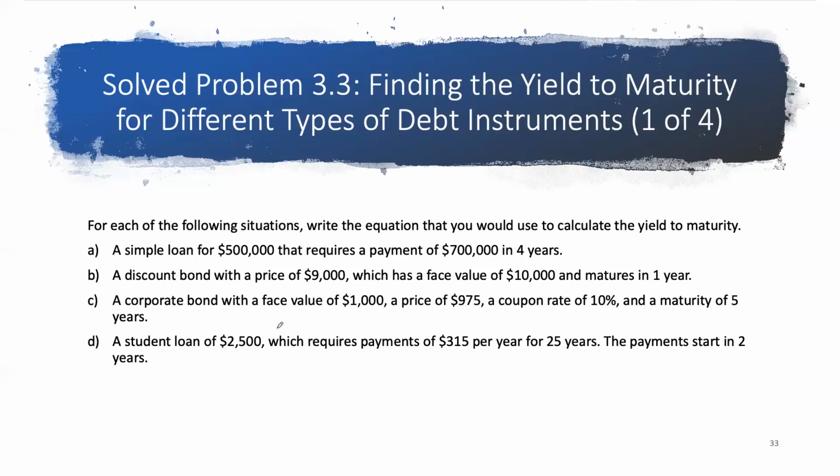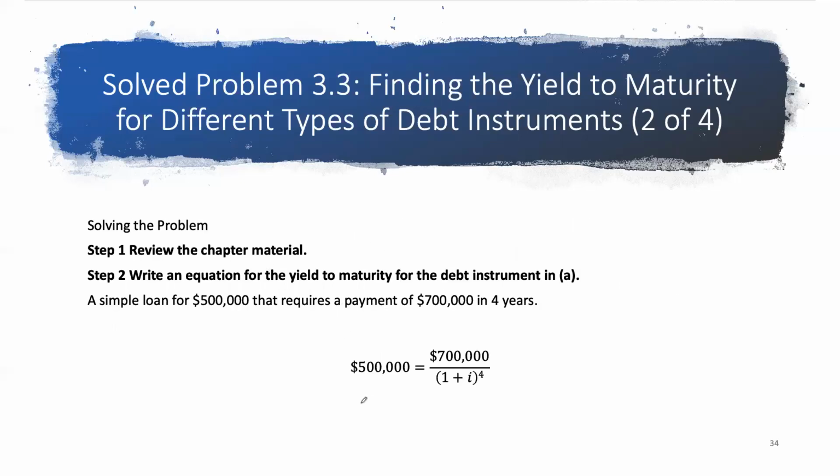So we want to calculate the yields to maturity for these 4 different kinds of debt instruments. The first one is a simple loan for $500,000 that requires a payment of $700,000 in 4 years. Okay, so how do I set it up? It's straightforward. The value today, $500,000, should be equal to the present value of these future payments. So I make a payment of $700,000.